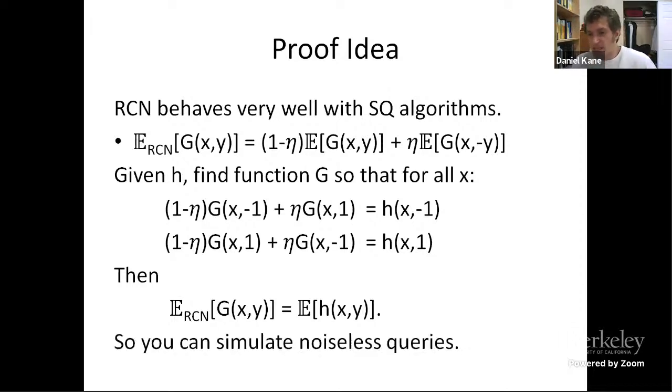And the point is that by making the noise cancel out, you can simulate noiseless statistical queries, even with random classification noise in the samples that you see. In particular, since there are statistical query algorithms for learning half spaces, you use this to reduce to the statistical query algorithms, and then you're done.